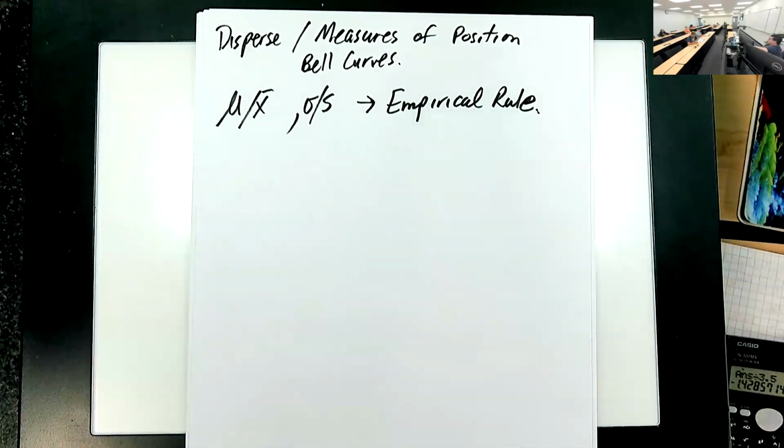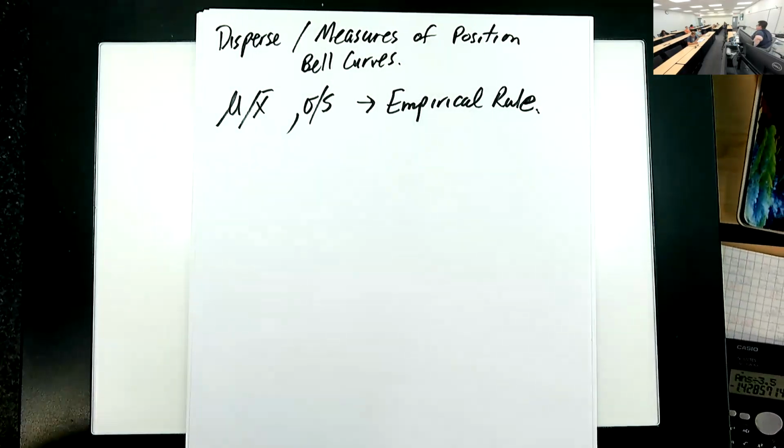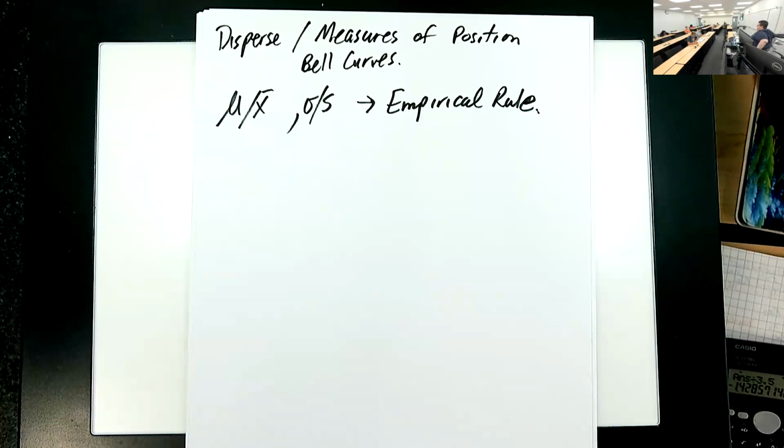Especially later on, because you haven't done anything but the empirical rule yet, but in later chapters you'll know how to calculate the actual percentage, not just say, oh, it's 2 deviations, it's 95%. When you know how to do it, if they want you to use the empirical rule, they'll tell you.